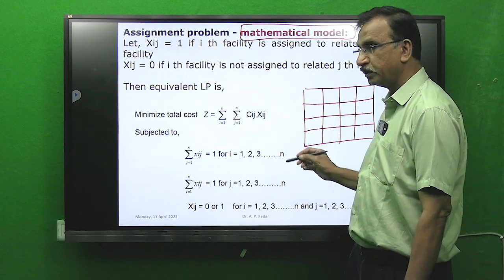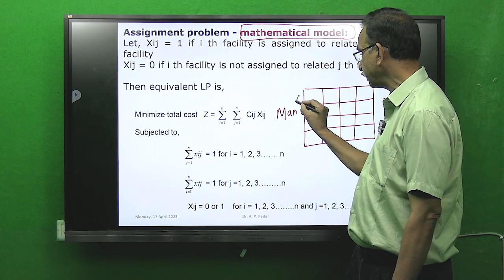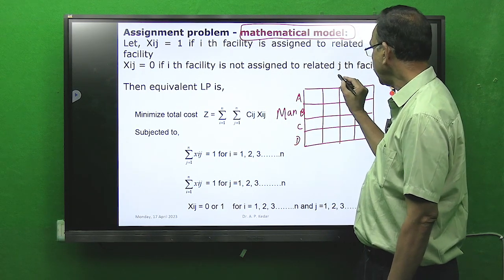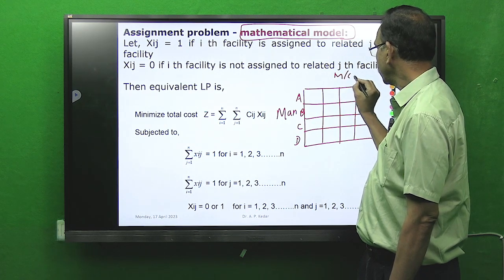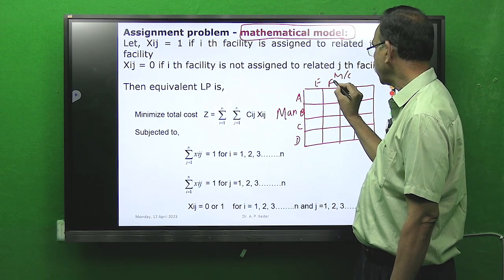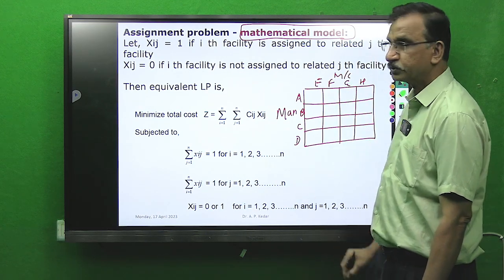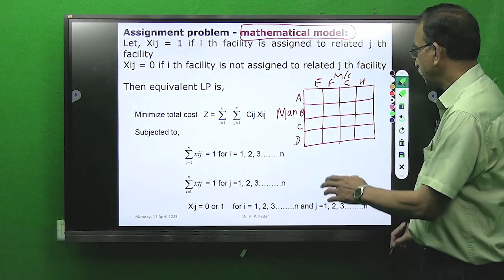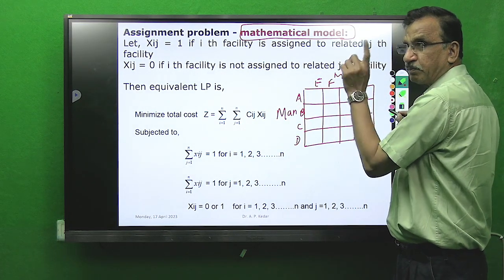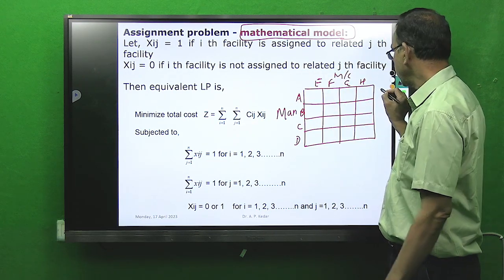Again, let us label man. I will label the men as A, B, C, D, and the machines E, F, G, H. See here, nothing is written, meaning only one person named A is available.